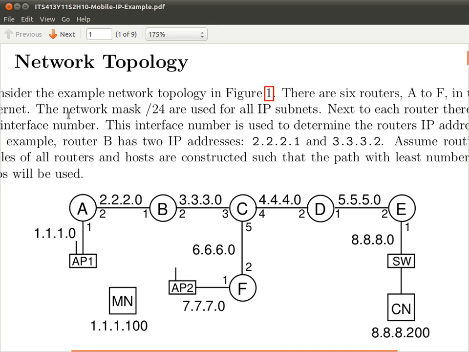The foreign agent receives it and is eventually going to send a registration request to the home agent. And we'll see how this IP address, the care of address being the same as the foreign agent, impacts upon or how we handle that.